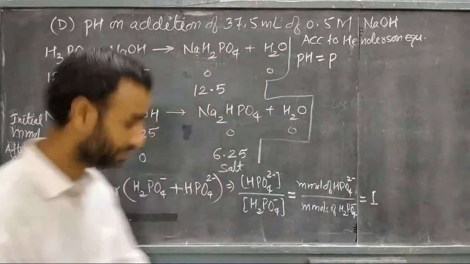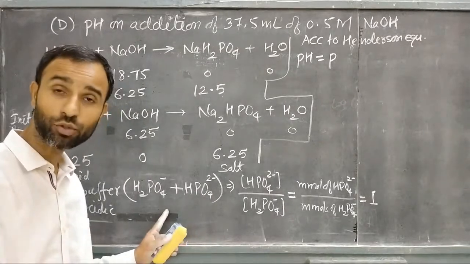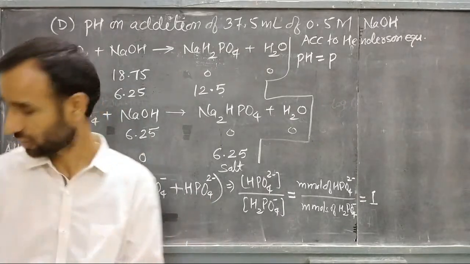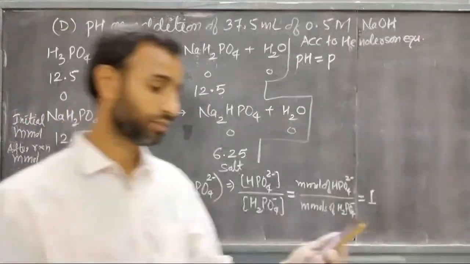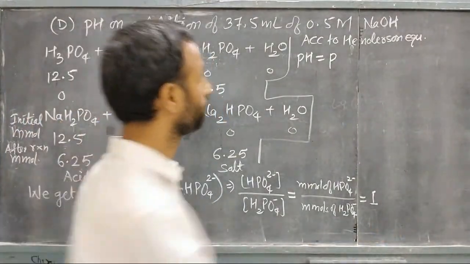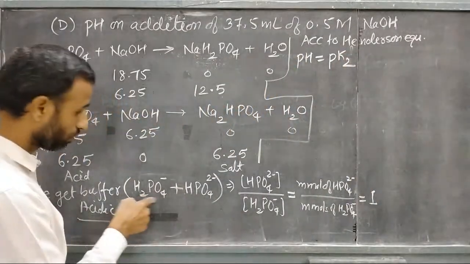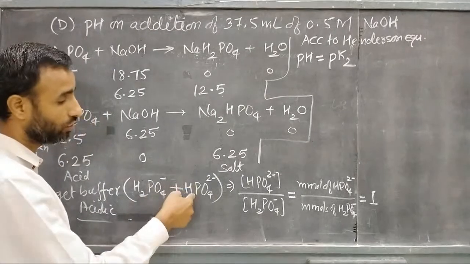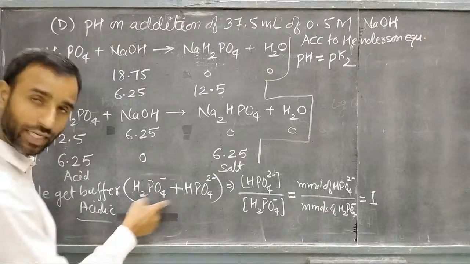Now tell me, what is pKa here? pK1, pK2 or pK3? Very good, Raj. It is pK2, because now H2PO4 negative is converted into HPO4 2 negative, and that is K2.